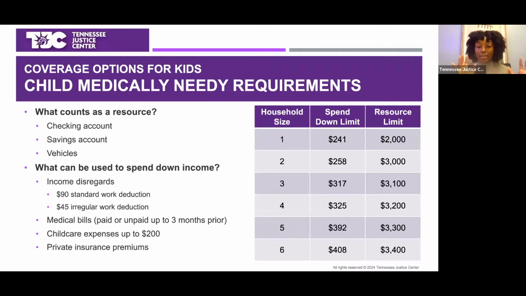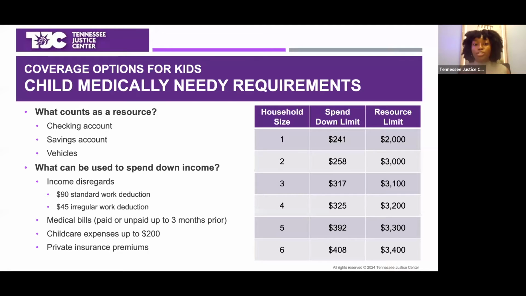TennCare will look at all of these expenses to reduce household income. And if after all these expenses are applied, a household has sufficiently brought down its income, TennCare will say that spend down has been met and the child qualifies for insurance.